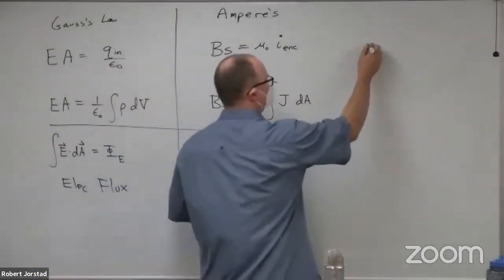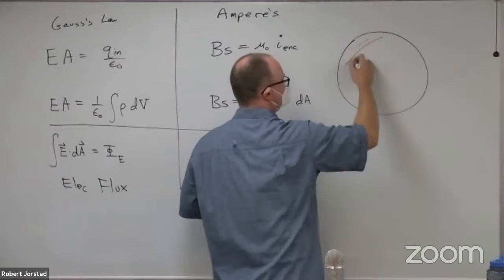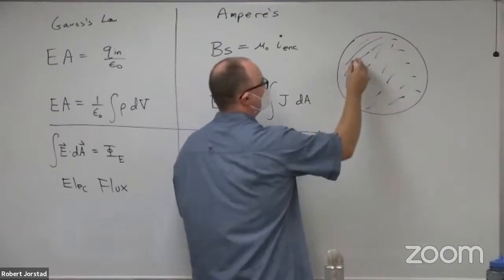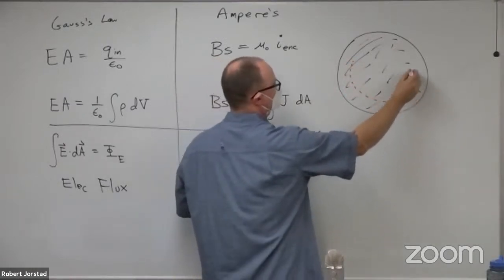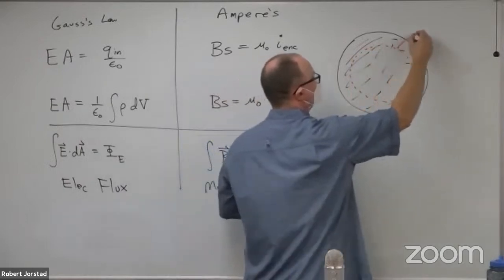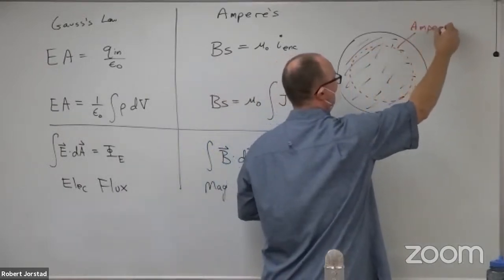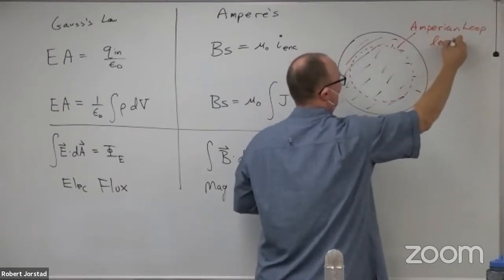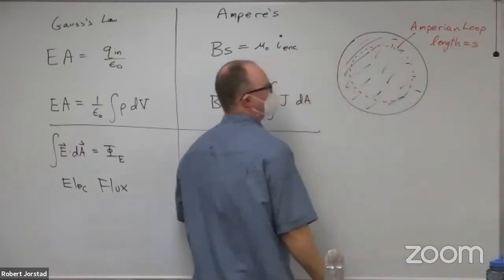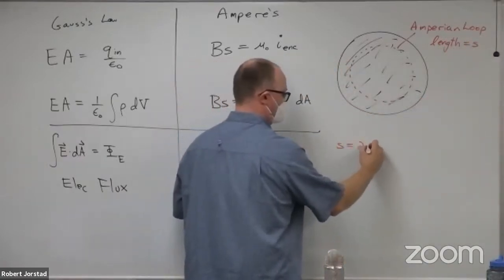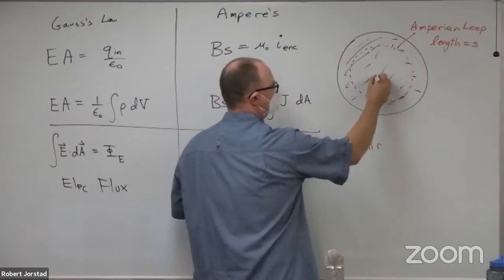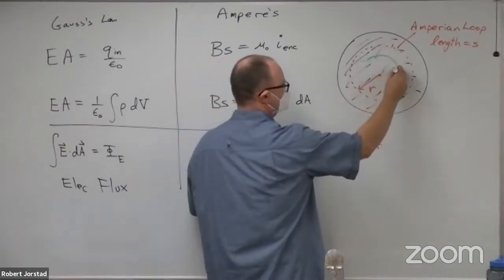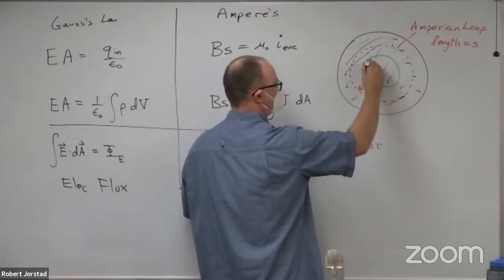And so if I could show you something here, we're going to do this all next time. You don't need to take notes on this, right? Imagine we have some Amperian loop instead of a Gaussian surface. There's an Amperian loop. It has a length S. In this case, do you agree S equals 2 pi r? And then what could we do? I could build this up out of thin shells.